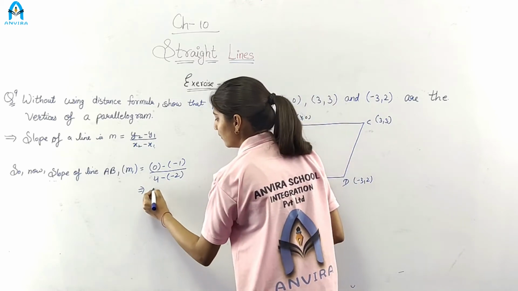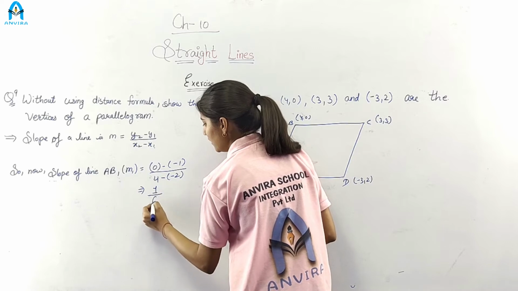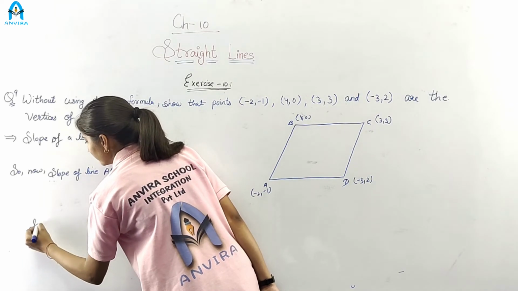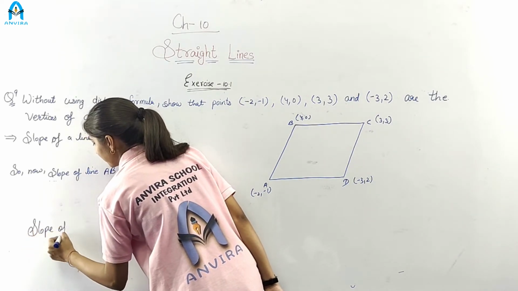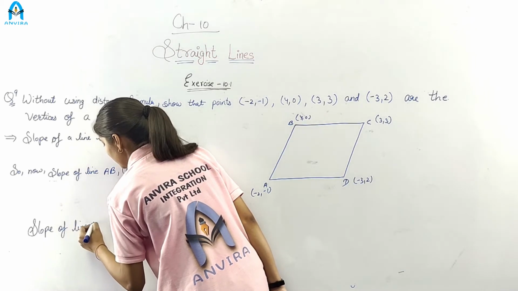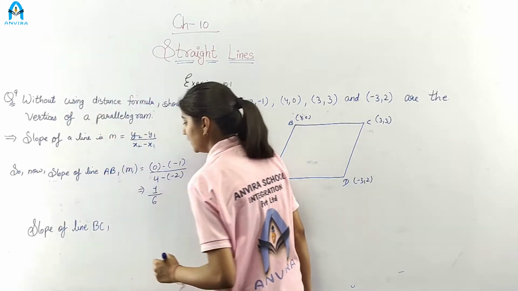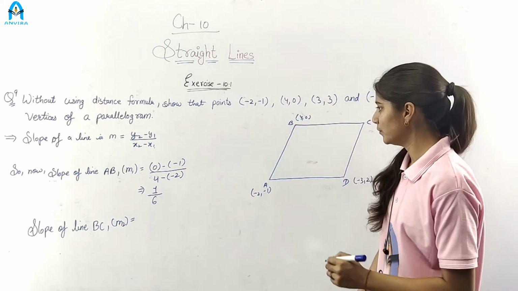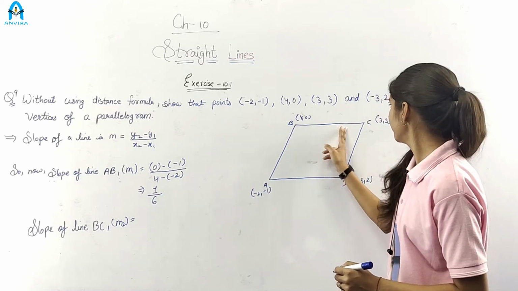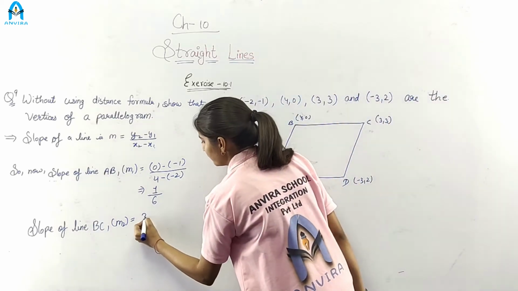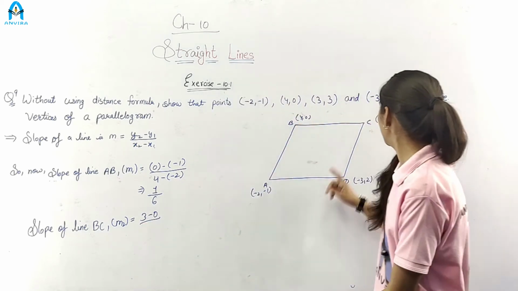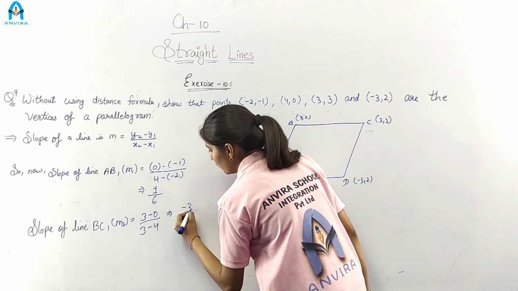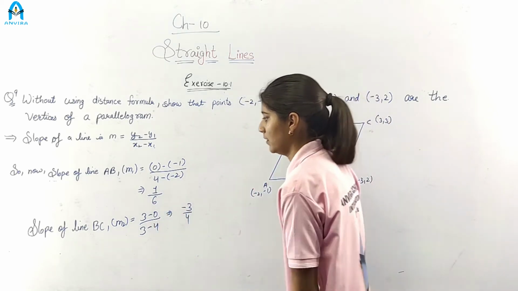So the slope will be 1 by 6. Now the slope of line BC, that is m2, is given by 3 minus 0 divided by 3 minus 4, which equals minus 3 by 1, that is minus 3.